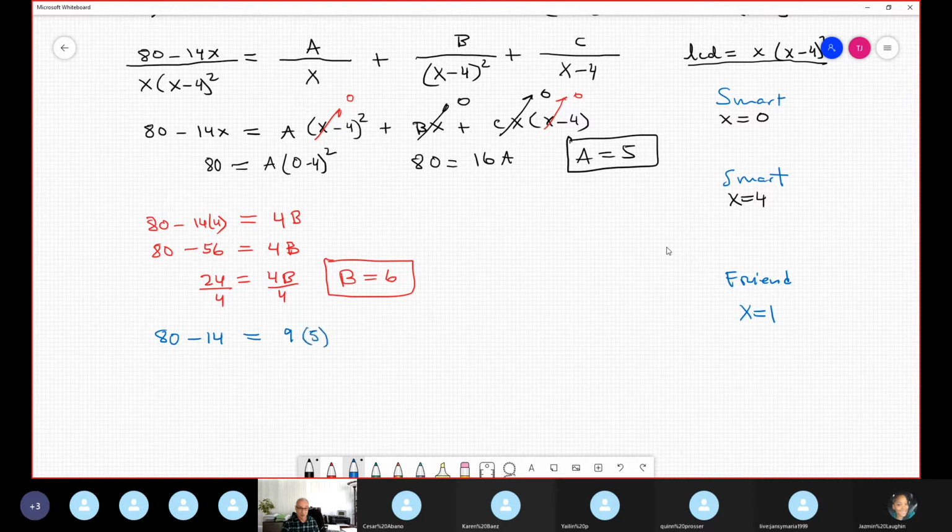The multiplication 5 times 9, and this is 1 minus 4, sorry, 1 minus 4 is negative 3 squared, 9, but 45, entonces 45. Plus B, que B is 6. 6 times 1 is 6, just 6.